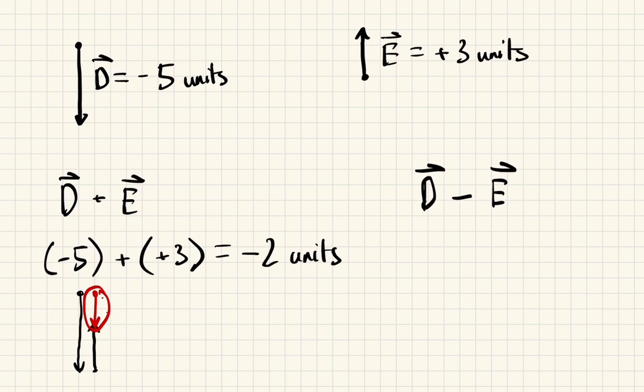Finally, we have vector D minus vector E. Vector D is a negative vector. It goes downward, and we're subtracting a positive vector, which is going upward. But since we're subtracting, we flip vector E around, and it's kind of like we now have a vector going downwards. And so that's why we get a resultant vector of -8 units.